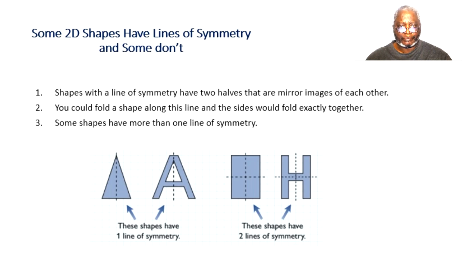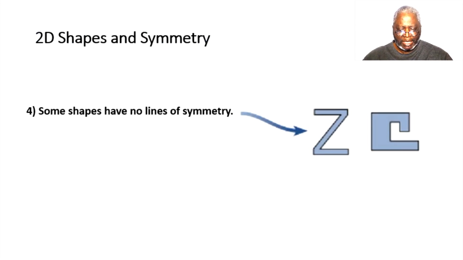A square, can you think about how many lines of symmetry a square has? Let's find out later on. But first, some 2D shapes do not have any lines of symmetry, as you can see on the screen. Let's look at different shapes now.